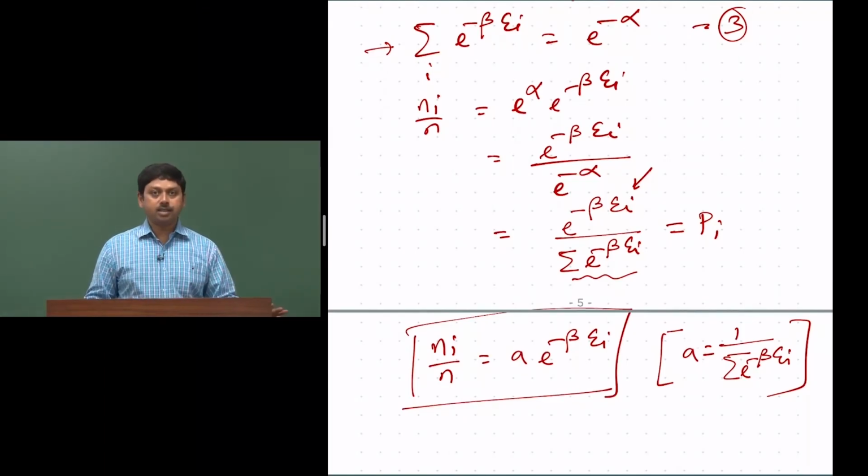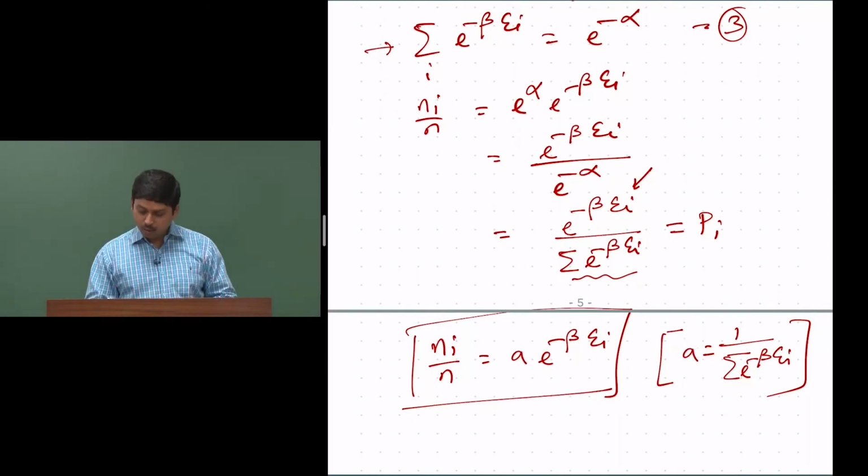For very general systems, the most probable distribution, with the total number of particles and total energy being fixed, will give us this distribution no matter how the energy levels are, which means that high energy levels will have fewer particles and low energy levels will have more particles, following an exponential distribution.